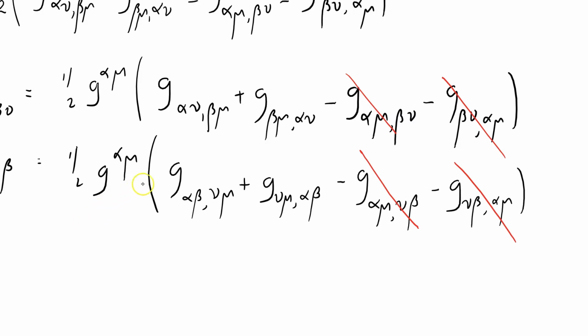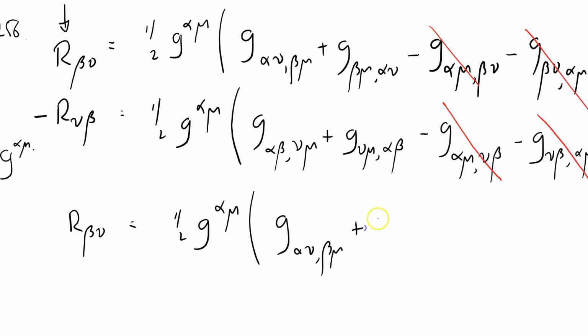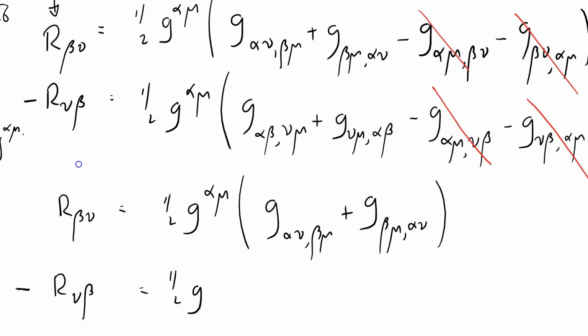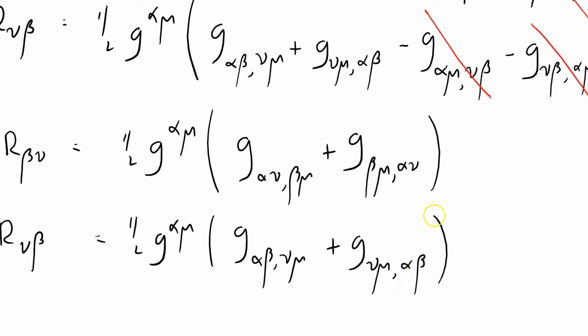Well, I'm going to write them out again. R beta nu equals a half g alpha mu times g alpha nu beta mu, just copying from here, plus g beta mu alpha nu, minus R nu beta, which is a half g alpha mu times g alpha beta comma nu mu, copying from here, plus g nu mu comma alpha beta.